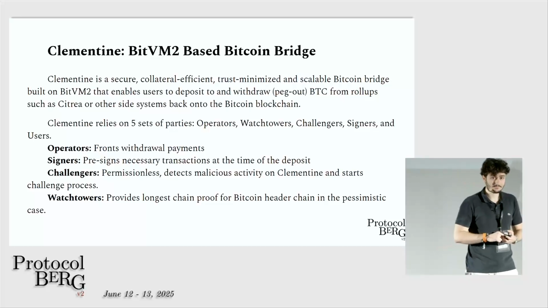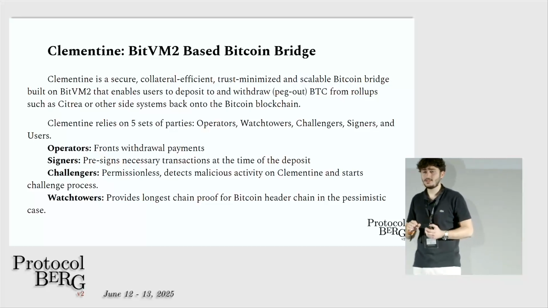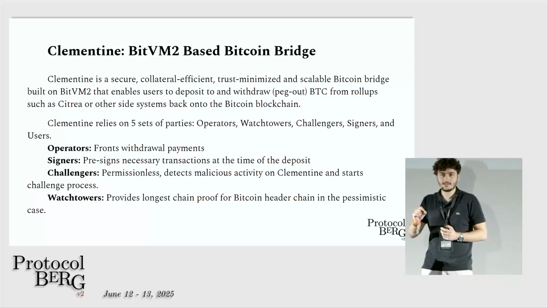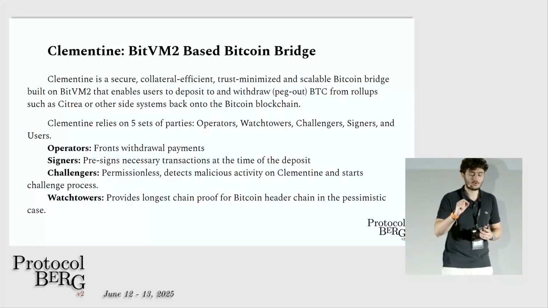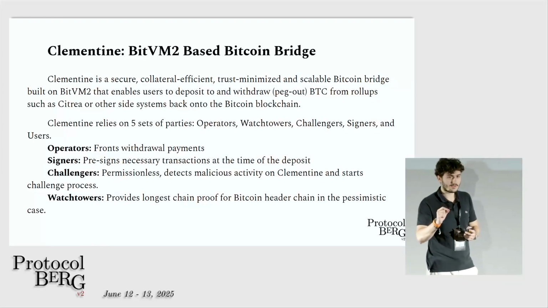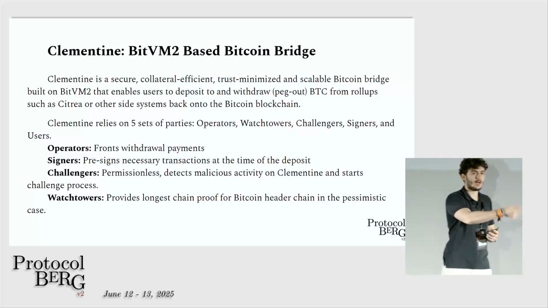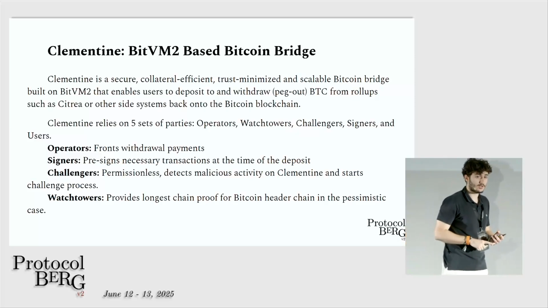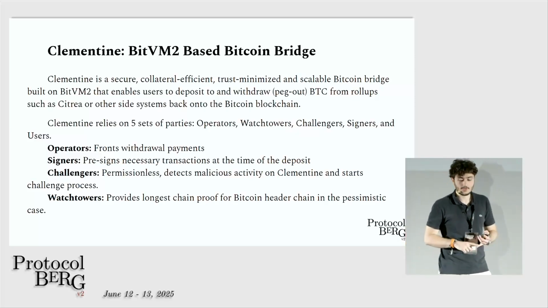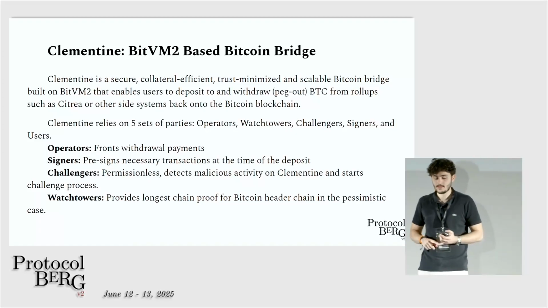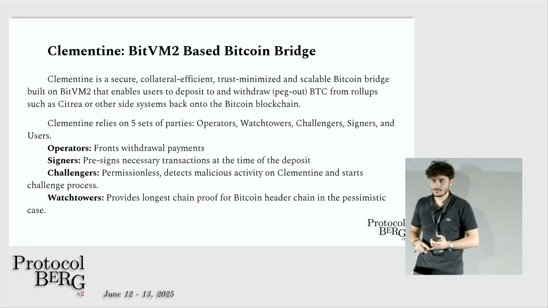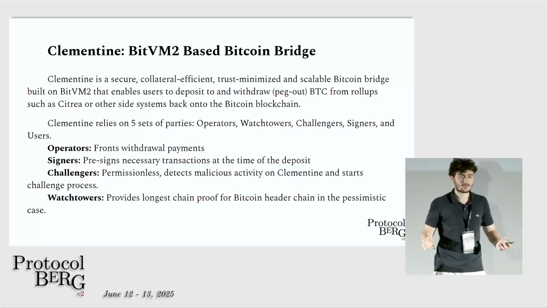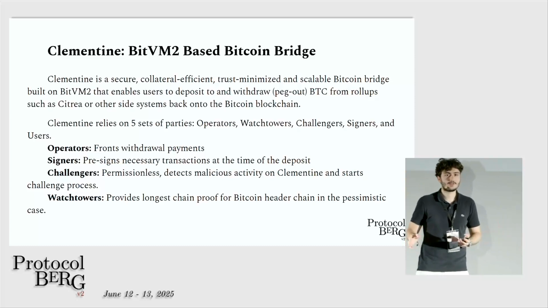Operators are there only to prepay for withdrawals, and they do this for profit. So whenever somebody withdraws from the rollup, they pay upfront and get reimbursed later on. Signers are there to keep the funds safe. So it's an N-of-N multisig that signs some data and some transactions when there is a deposit done.